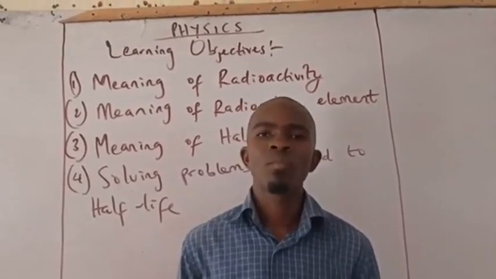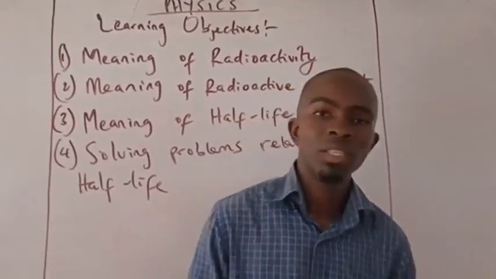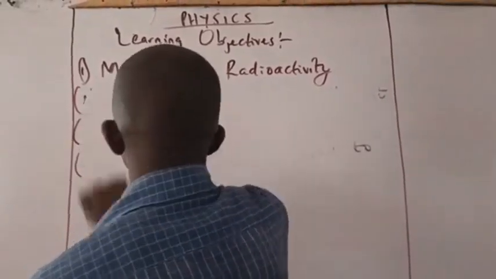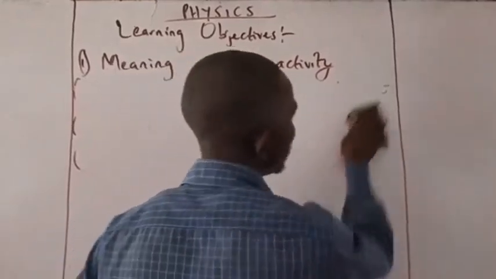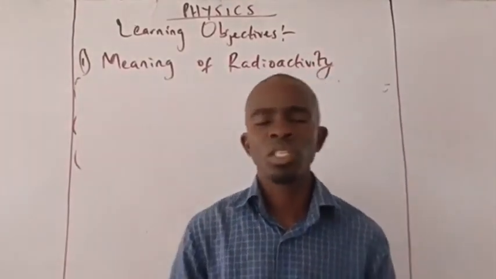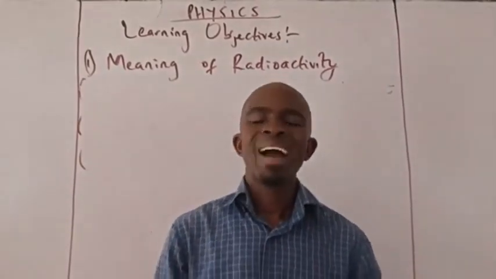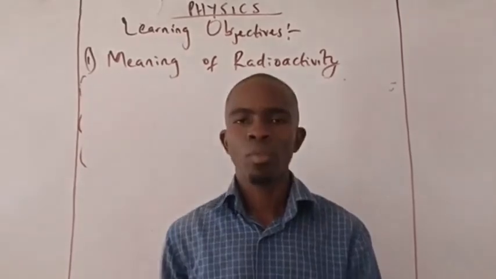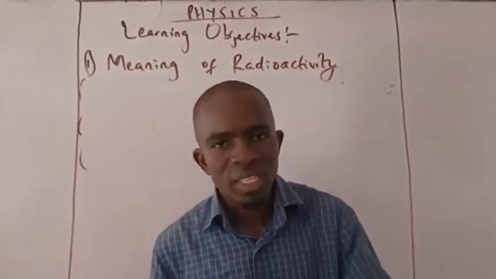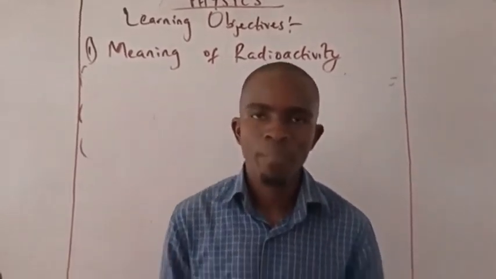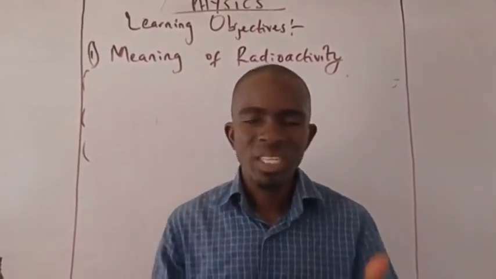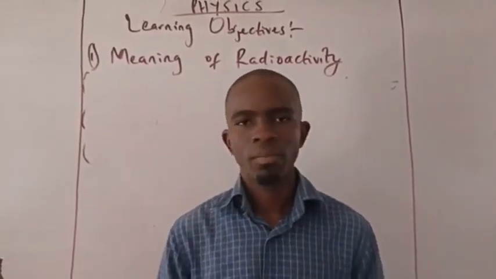To start with, what is radioactivity? We need to know the meaning of the word radioactivity. Radioactivity is a spontaneous decay of an unstable nuclei of the atom of an element with the emission of alpha, beta, and gamma radiation with the production of energy.